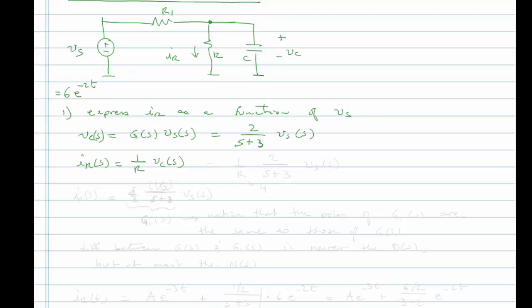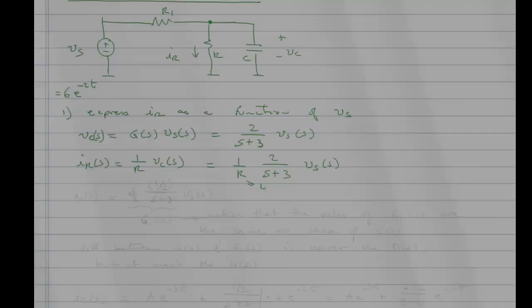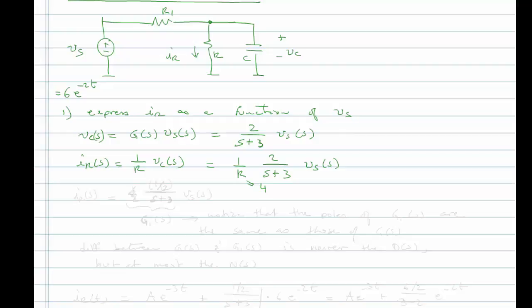Voltage across the capacitor is the voltage across that resistance. So we can write this as 1 over R, 2 over S plus 3, Vs. And R is equal to 4, so we have 1/2 times 1 over S plus 3 times Vs.